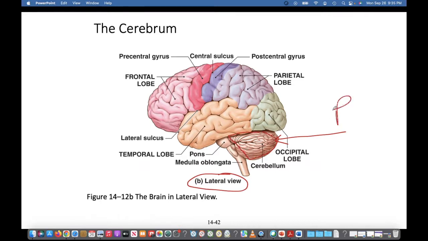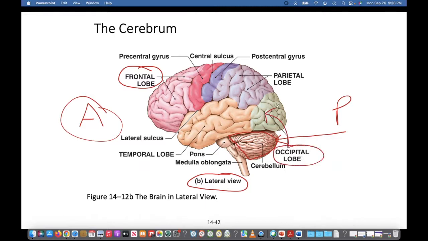So we know that back here is posterior, and this side is anterior. Once we know that, we can say, okay, here's the frontal lobe of the brain. We know that back here is the occipital lobe, right there in green. Then we have a temporal lobe near the temporal bone.